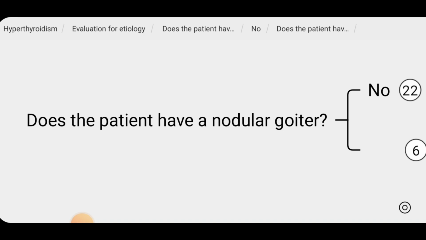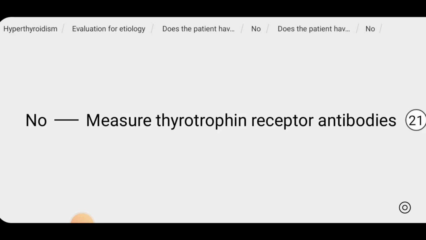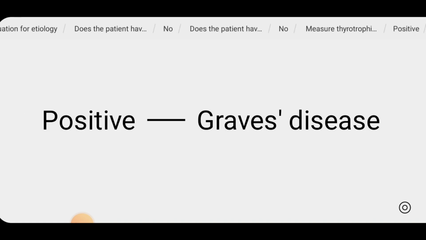If the patient doesn't have a nodular goiter either, the patient does not have a diffusely enlarged large thyroid gland and also does not have a nodular goiter, then we can do thyrotropin receptor antibodies level in this patient. Those are the same antibodies, TSH receptor antibodies, and if those antibodies are positive, then the diagnosis is Graves' disease.